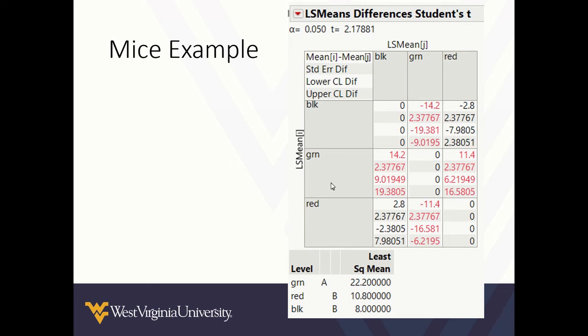When we compare the black door to the red door, we have a confidence interval that includes 0, which means it is insignificant. We can, however, see a significant difference when we compare the green door to the black door and the green door to the red door.